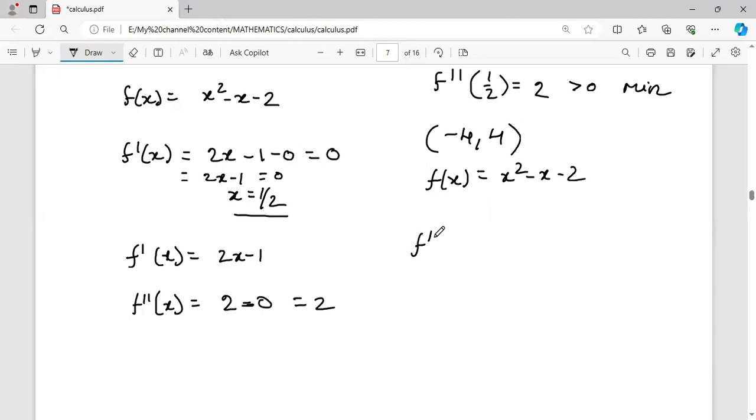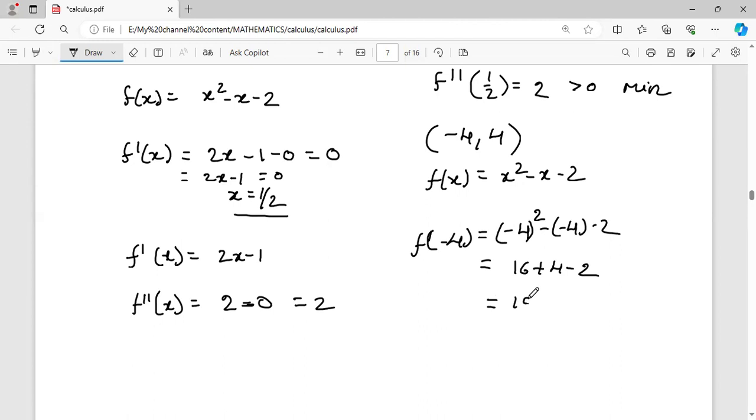So f of minus 4 equals minus 4 whole square minus of minus 4 minus 2. That means 16 plus 4 minus 2.